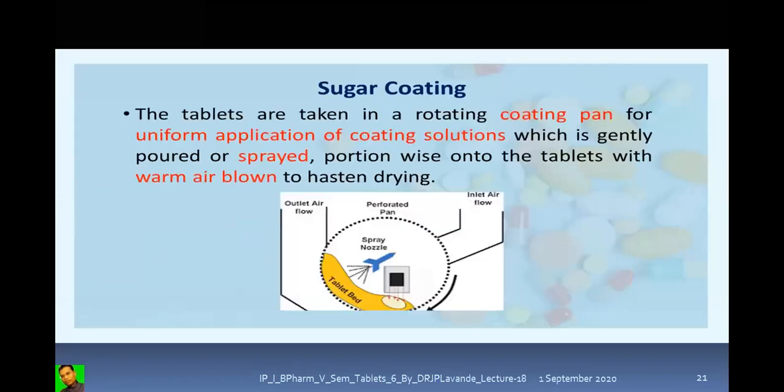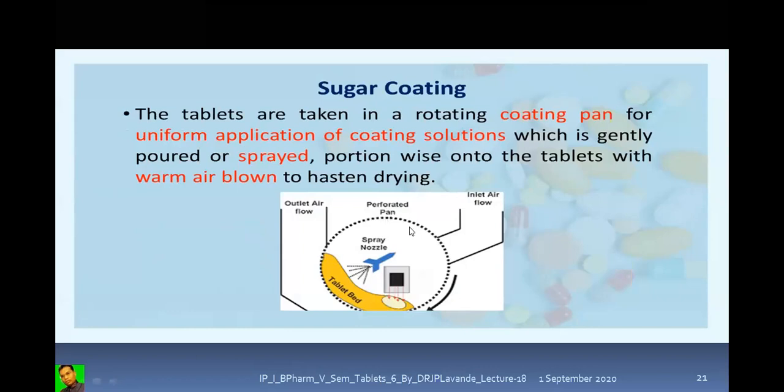Now this is the overall process of how coating happens. There is a particular equipment called the coating pan, in which there is an inlet of air from one side, an outlet of air from another side, and an assembly for spraying the coating solution. This is the tablet bed, onto which the coating solution is sprayed, and this pan is continuously rotated.